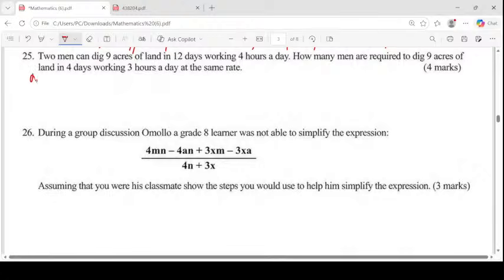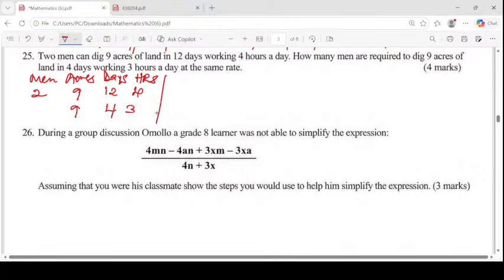We have the number of men, the number of acres, the number of days, and the number of hours per day.